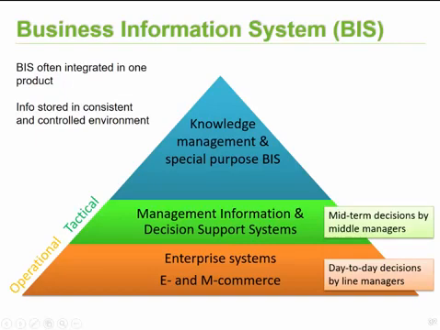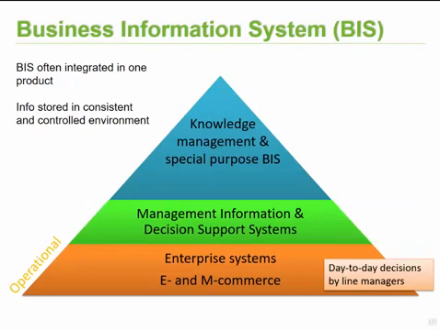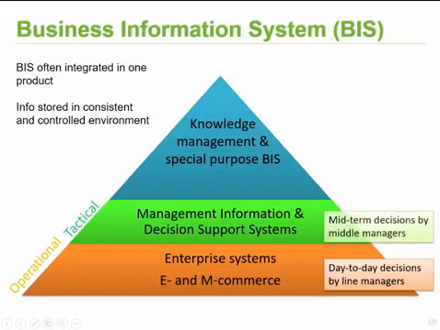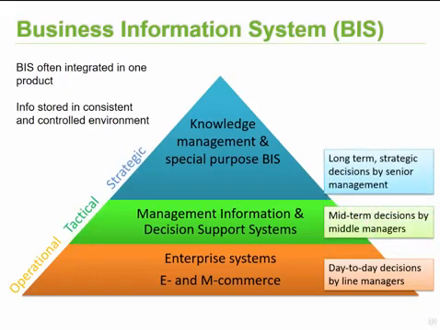If we look at the middle layer, we find that it's typically your more tactical decisions, which would include midterm decisions made by your middle managers, your supervisors. The top layer is where we find our strategic decisions, and these are typically your longer term decisions made by senior management.